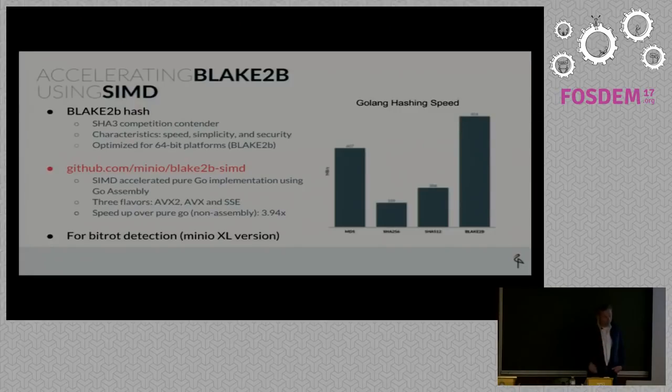In the end, it was not selected, but it is a nice hashing technique that is really focused on speed, with a relatively simple algorithm to implement, while at the same time still offering top of the bill security. And it's really optimized for 64-bit platforms.